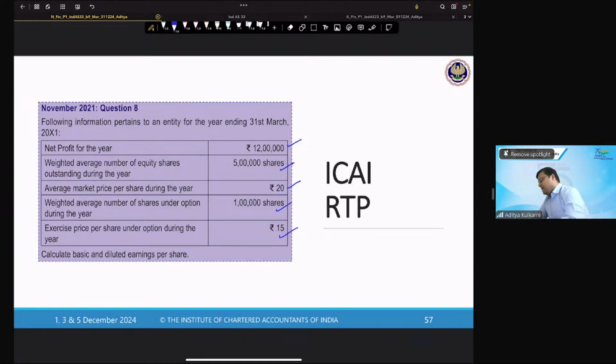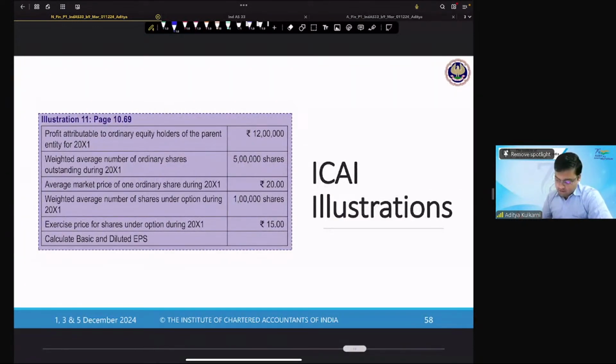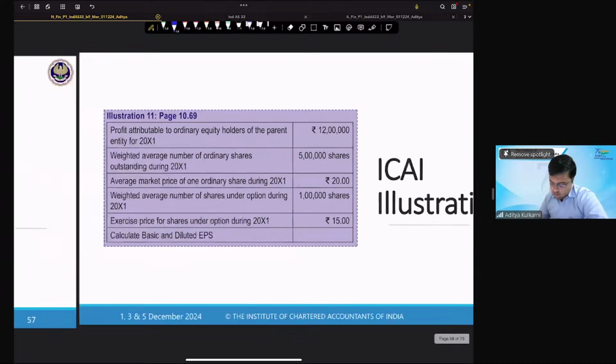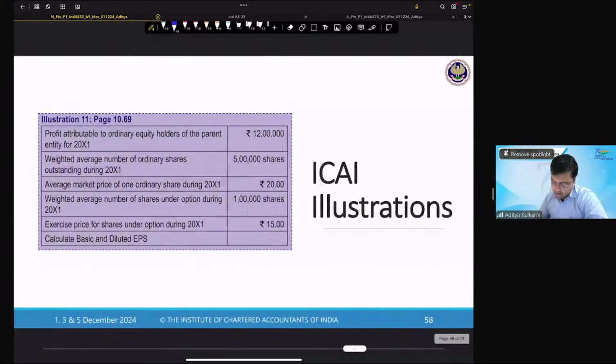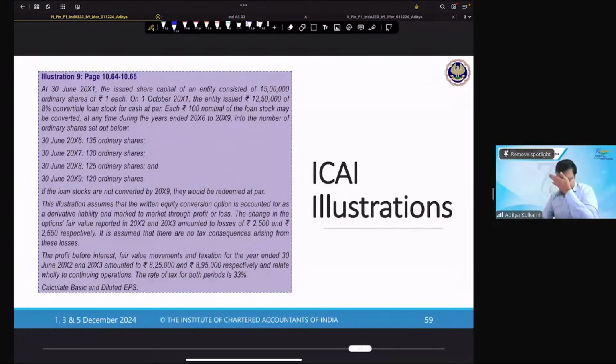Calculate basic and diluted EPS. Can you do it? Yes, sir. Nothing for me to do. And this is also part of your illustration number 11. Is it the same? 12 lakh, 5 lakh, 20. Yes, so if you do one, both will be done. Okay, all right, fine. Next.